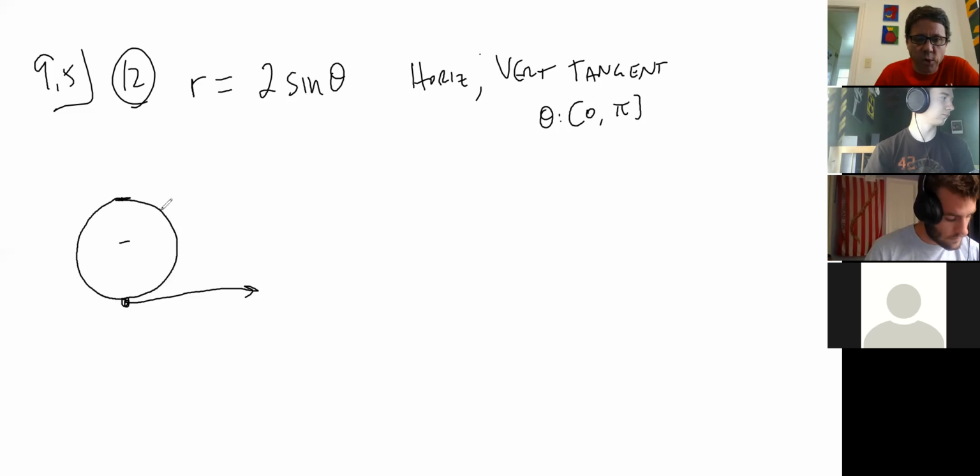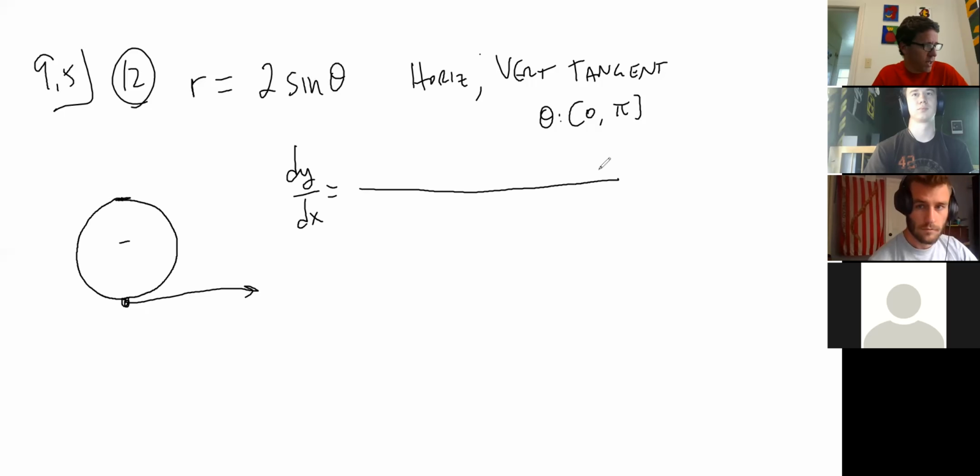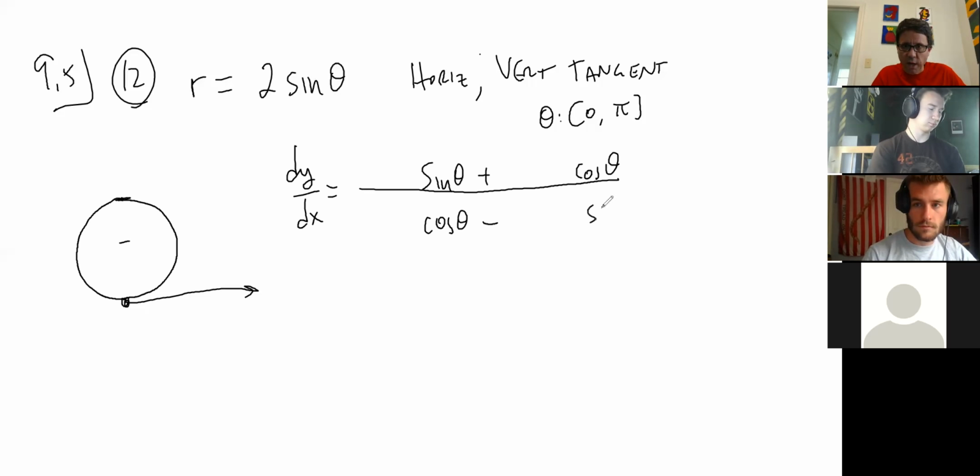Okay, so if you draw that graph, you get this. I think it's pretty clear that this here is going to be horizontal, and then the two side ones are vertical. But in order to see this analytically, you want to find the slope. And so the slope formula, which I keep forgetting the order of myself, needs sine and cosine, and this is plus and then minus sine.